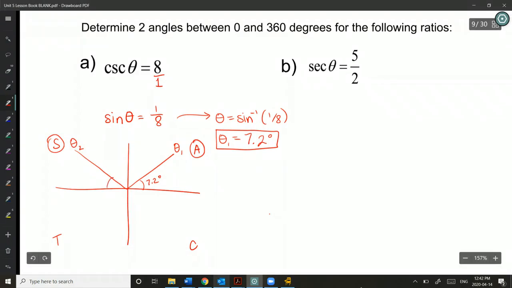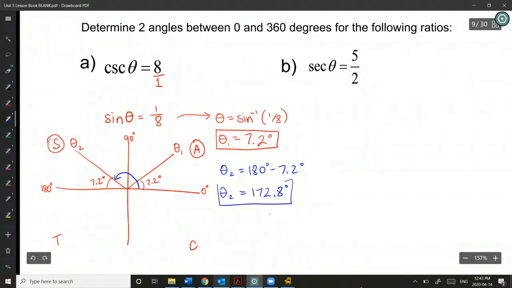And then I also know that the reference angle, or the angle between theta 2 and the 180 line, will also be the same as that first reference angle. So if I want this rotation, I'm simply going to take 180 and subtract 7.2. This gives us 172.8, and that will be the measurement of the second angle.